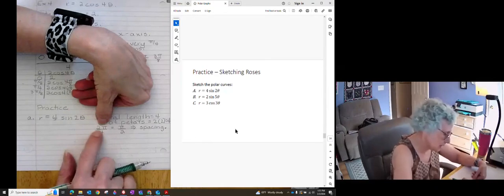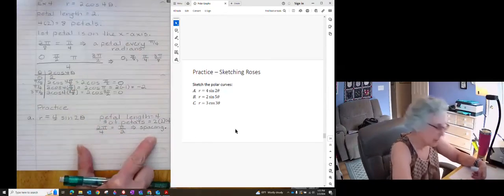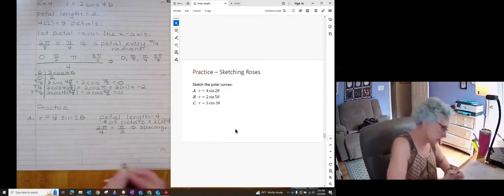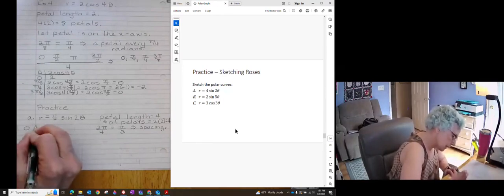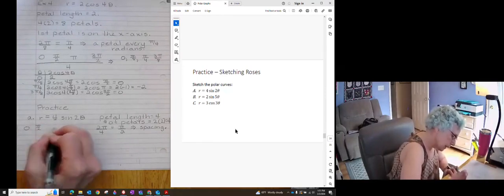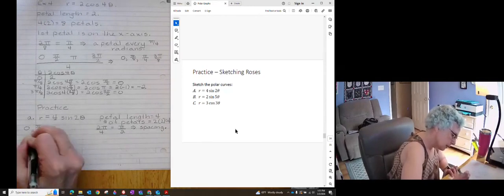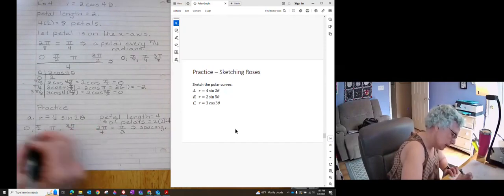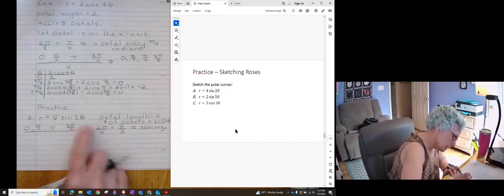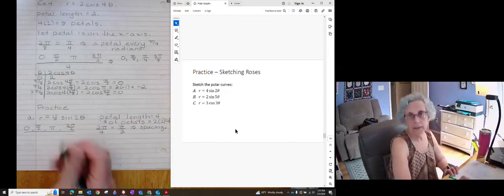Well, first I did our spacing. We have 2 pi over 4 petals, so pi over 2 is going to be the spacing. But let's look at the big 4: 0, pi halves, pi, 3 pi halves. And then I divide it by the number sitting next to theta.